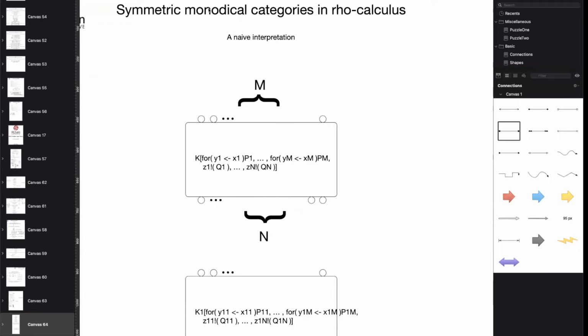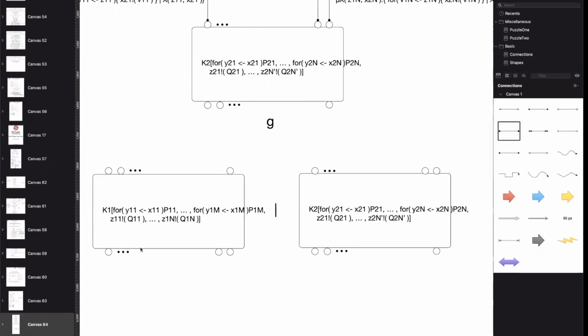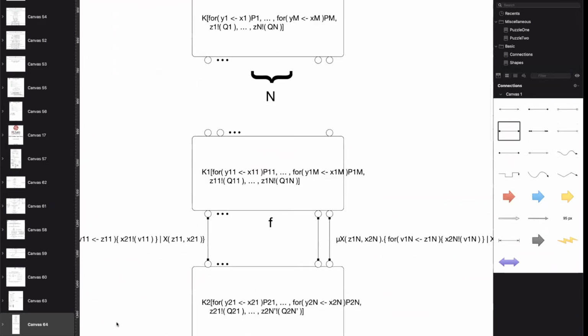But when it's a symmetric monoidal category, then you can swap these two. You have a symmetry which allows you to basically take all of these and run them over here, and take all of these and run them over here. That's your symmetry. Mm-hmm. I mean, we are still keeping the same ports connected to the same side, right? Yeah. Okay. Yeah. Okay.